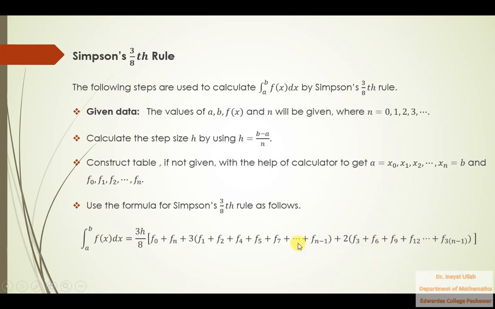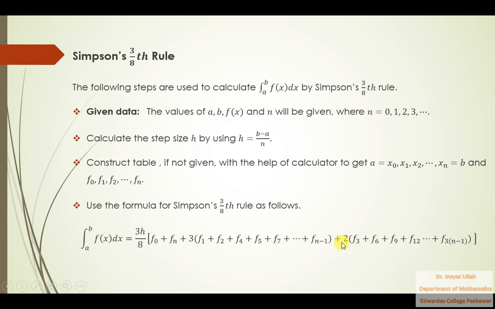So what are those sums? We see that this sum is the function values whose subscript is a multiple of 3, that is the table of 3. 3 ones are 3, 3 twos are 6, 3 threes are 9, 3 fours are 12, 3 fives are 15, and so on.